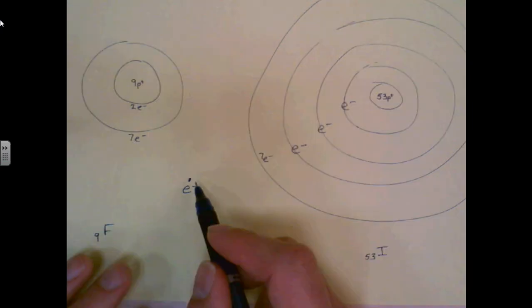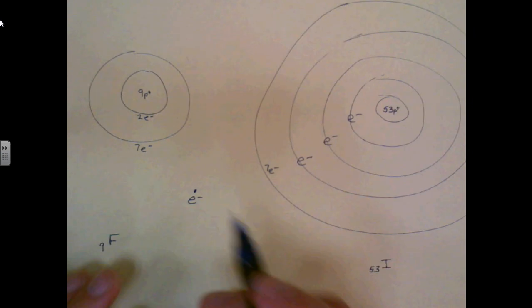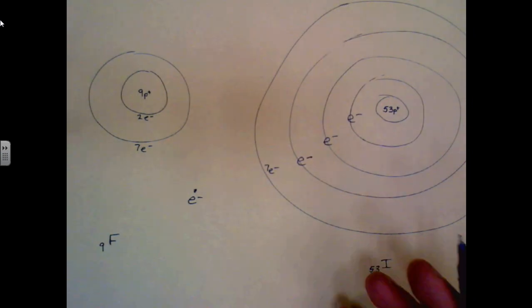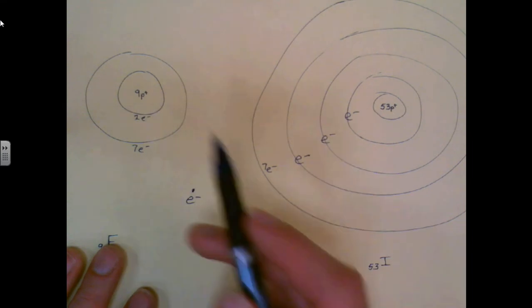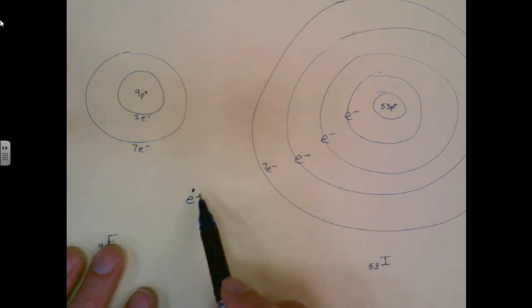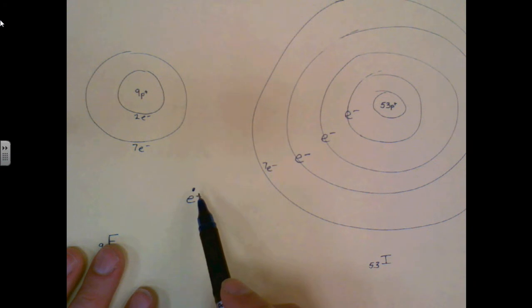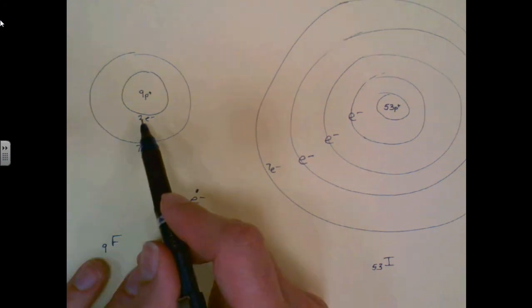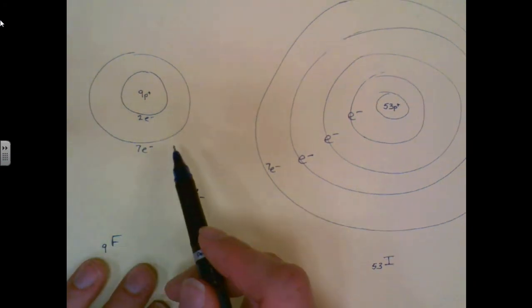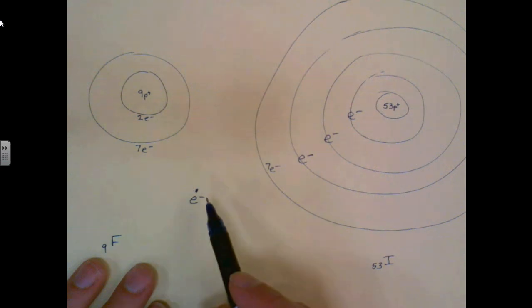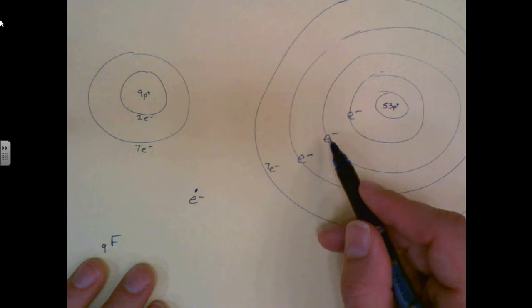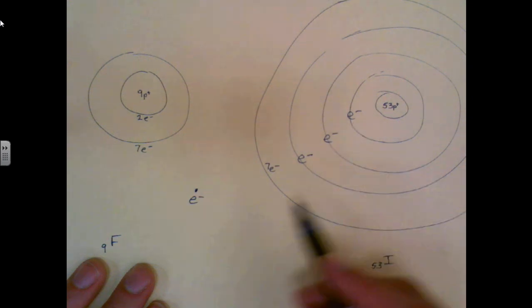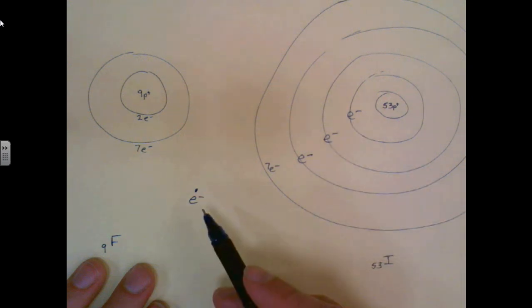Now, the thing in an atom that can actually attract electrons are the positive charges in the nucleus. Who can get their nucleus closer to this electron? Obviously, fluorine can, because it doesn't have as many shells. Not only that, but all these other electrons in the 5 layers in iodine serve to repel the electron that it's trying to attract.